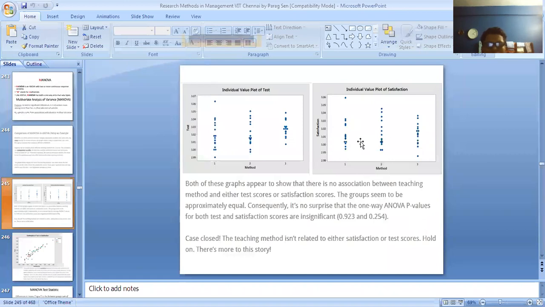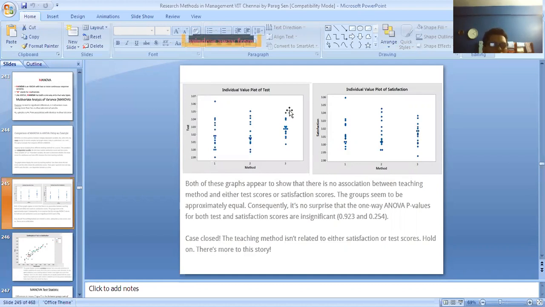Everywhere the satisfaction scores will be the same, but the corresponding test score that you will have in this graph, for example, for this particular satisfaction score, your test score will be somewhere here. For example, in parallel, for this particular satisfaction score, your test score can be higher. For this particular satisfaction score, the test score can be higher.